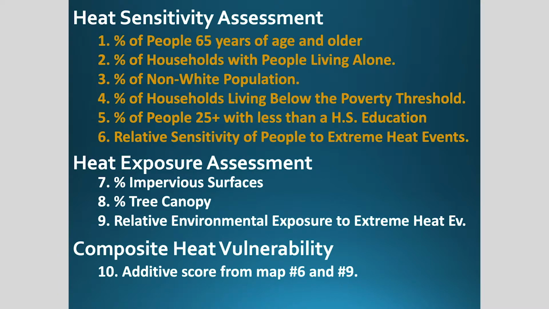The percentage of people 65 years of age and older, households with people living alone, non-white population, percent of the households living below the poverty threshold, people 25 and older with less than a high school education. That gives us the relative sensitivity of people to extreme heat events.